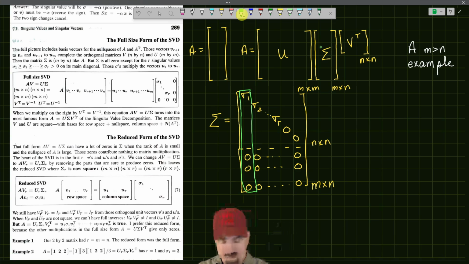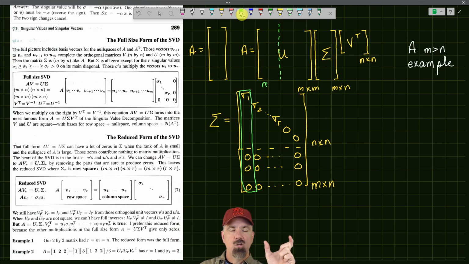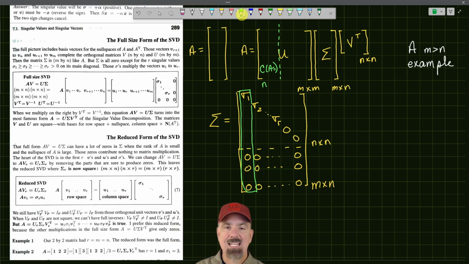Once we've done that, we will have ended up multiplying the first n columns of u. Well, what does that mean for the column space of A? It means that the column space of A is contained inside of those first n columns.